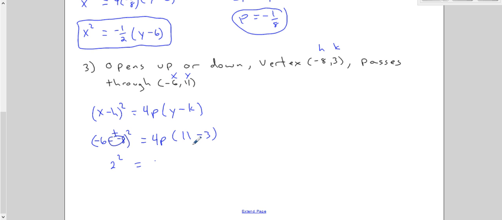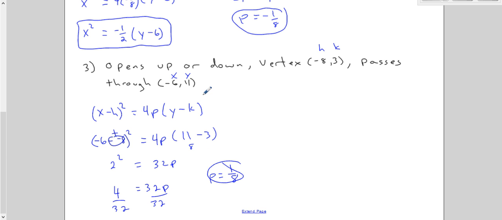So 4 times 8 is 32. So that gives us 4 equals 32p. We divide by 32, and we get p equals 1/8.